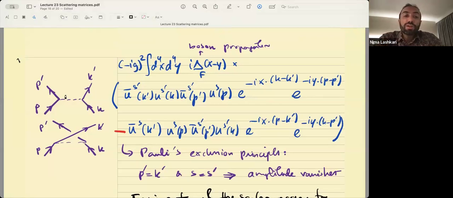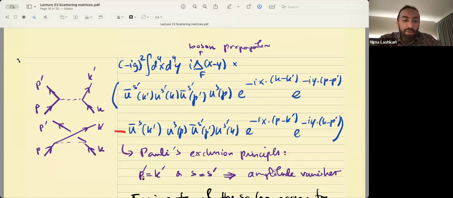So there are two diagrams. One is this, and the other one is this reverse one, the swapped one. This is the other diagram that you could draw. Now, what is important, and hopefully you can see this is just term by term following the Feynman diagram notation, is that I have to put a minus sign here. This minus sign is simply Pauli's exclusion principle. Why?